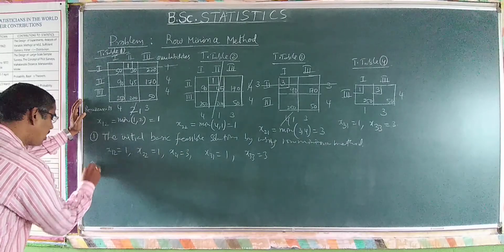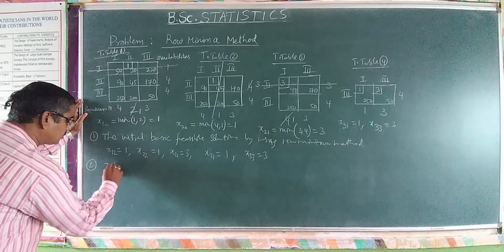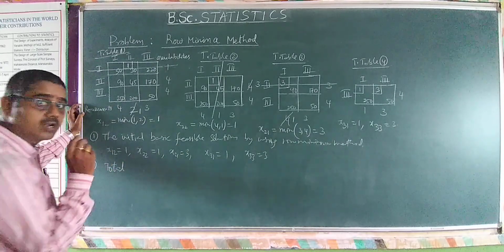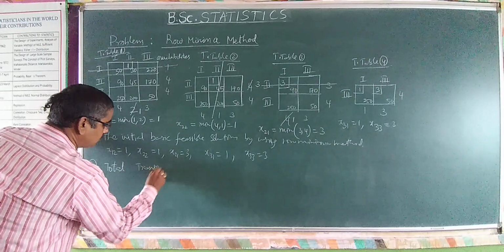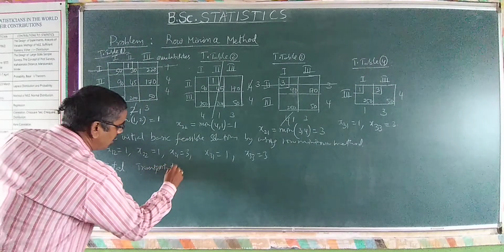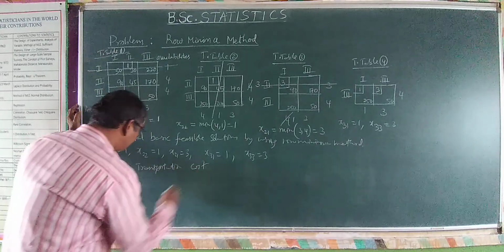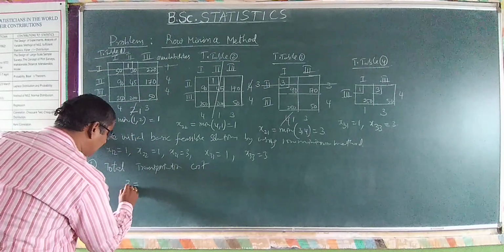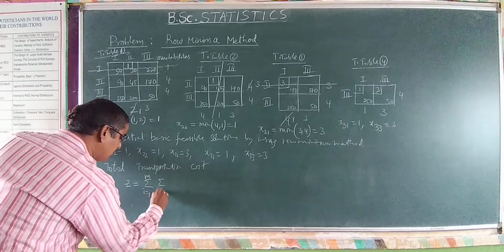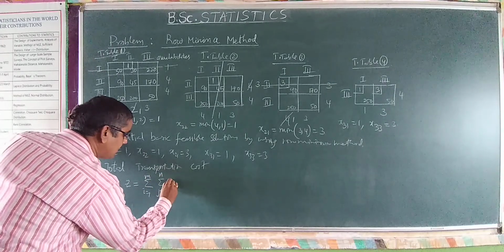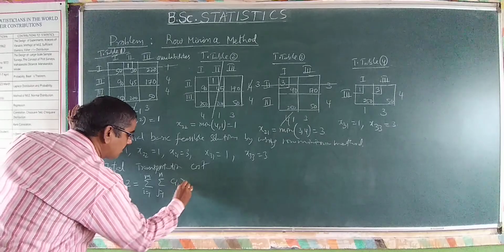Now the second point is the total transportation cost. It is not a minimum transportation cost, only the total transportation cost. Z is equal to the summation over i from 1 to m, summation over j from 1 to n, of Cij Xij.